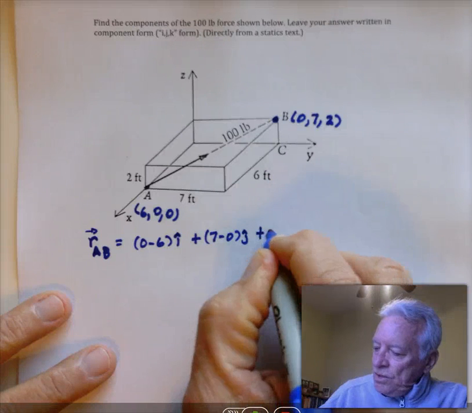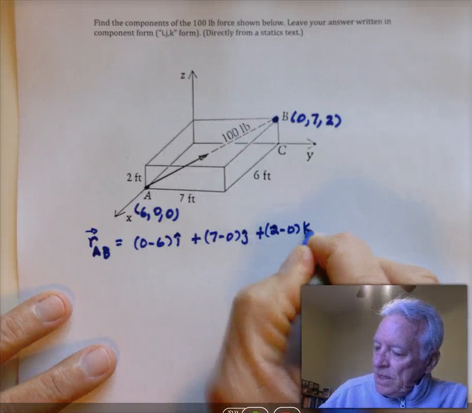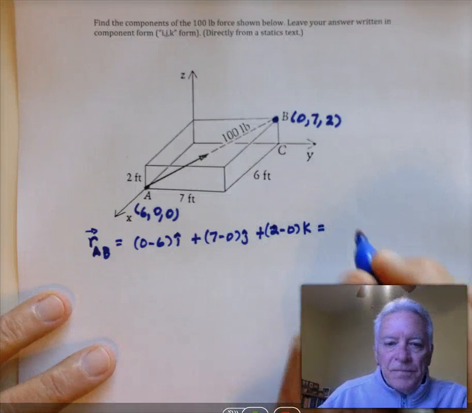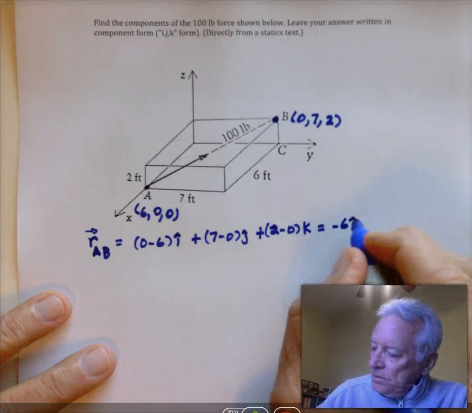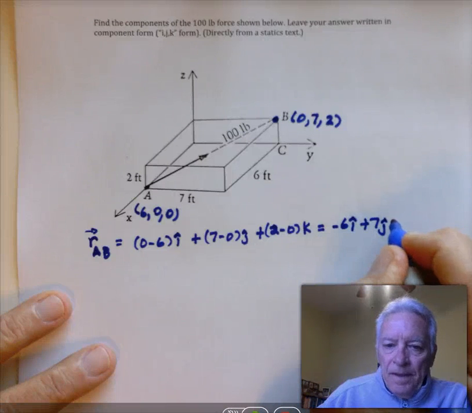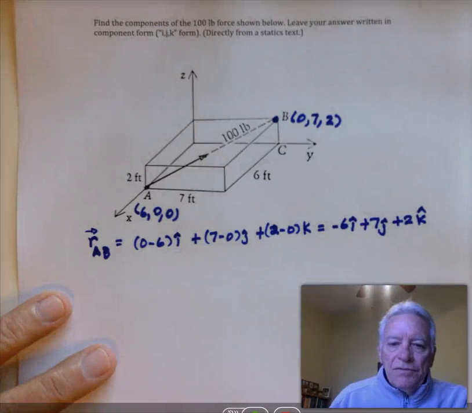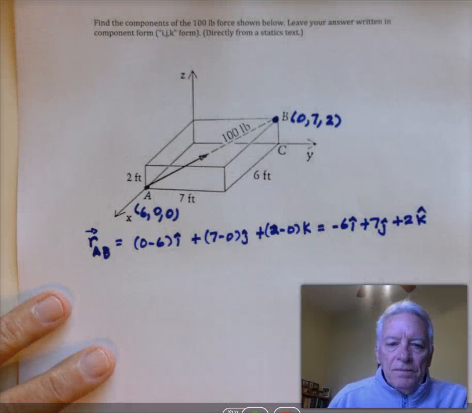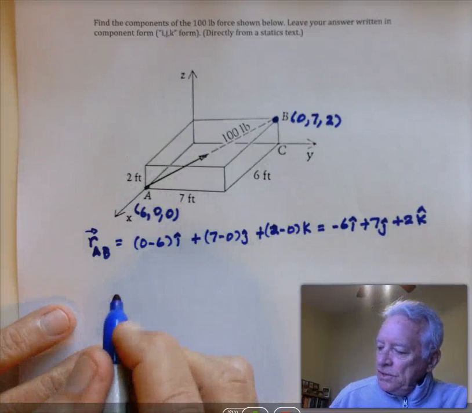And for the z-coordinate, 2 minus 0, k. So the vector is going to be negative 6i plus 7j plus 2k. That's the vector from A to B. That would be the vector that spans the diagonal of the box here.